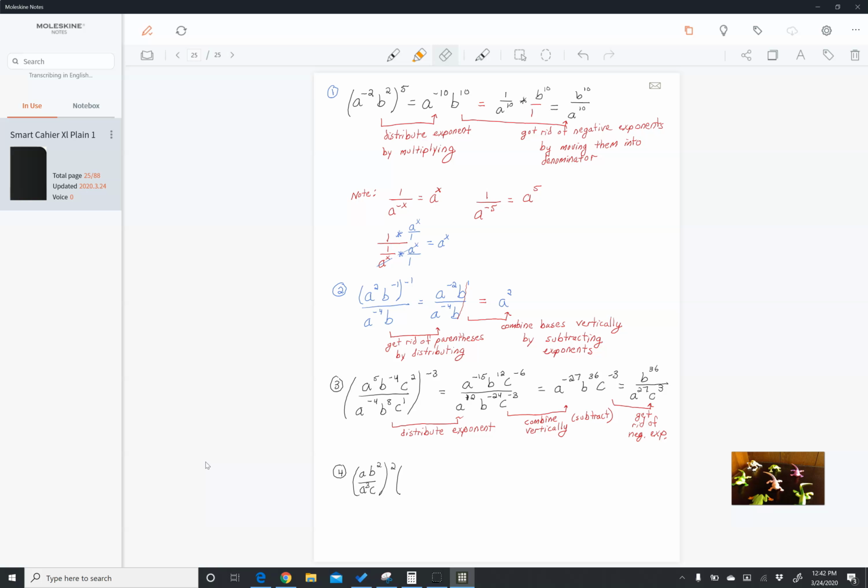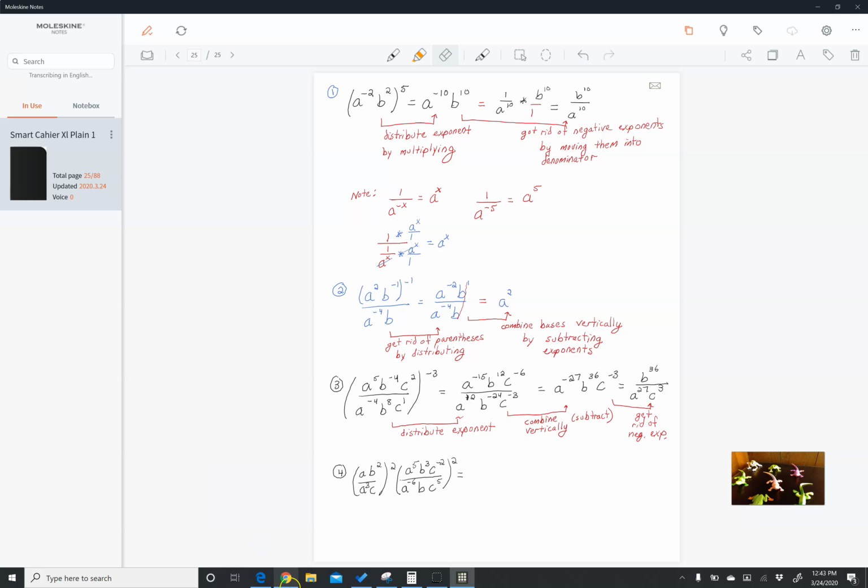Then we have a to the 5th, b to the 3rd. Let's put a c in here. C to the negative 2 over a to the negative 6, b, c to the 5th, and we'll square this.